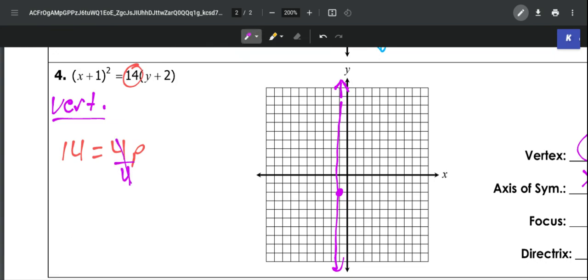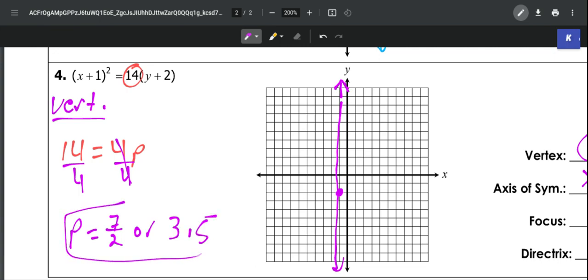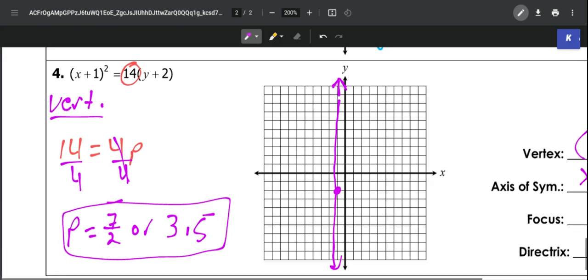We'll divide by 4, so 14 over 4 will be equal to p. So p would equal 7 over 2, or as a decimal, 3.5. So I would write it as a decimal too.